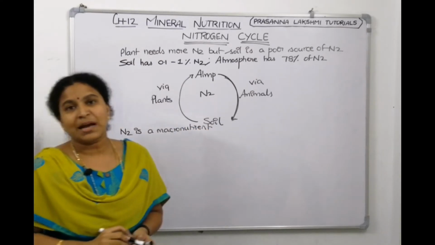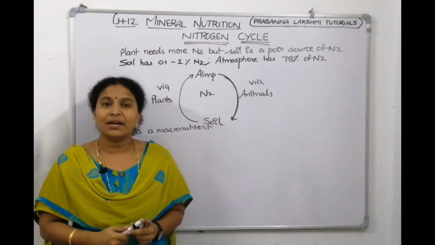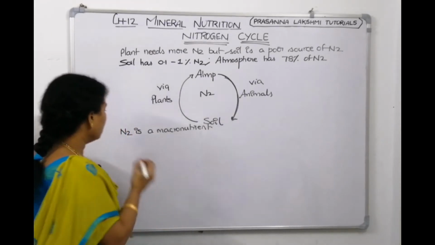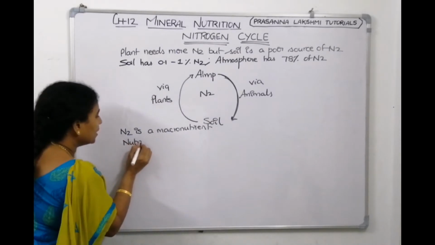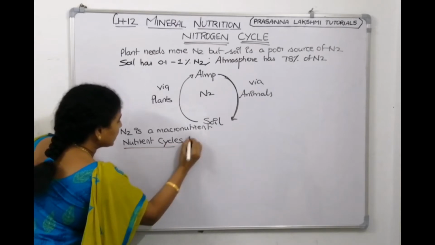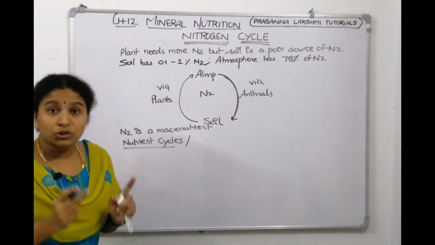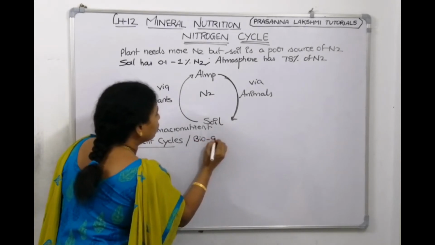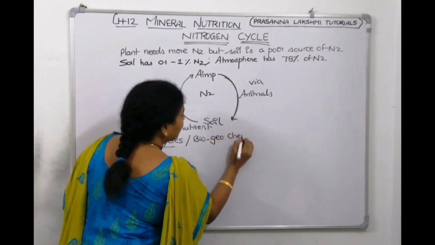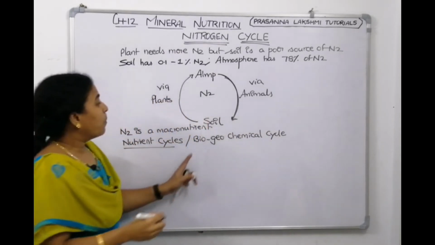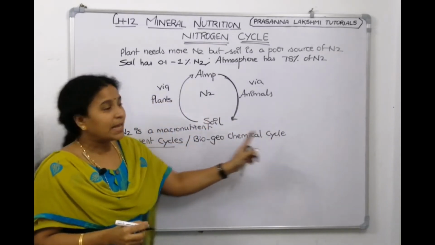Now in the ecosystem chapter, one topic will come which is called nitrogen cycles, or nutrient cycles as we say. Nutrient cycles can also be called biogeochemical cycles. Why are we calling it a biogeochemical cycle?